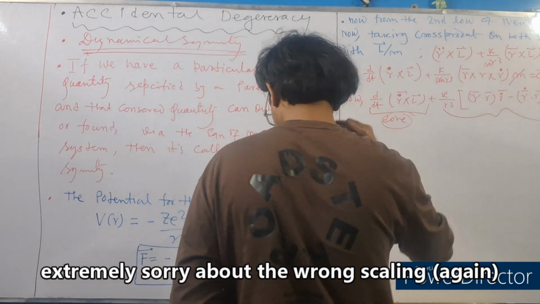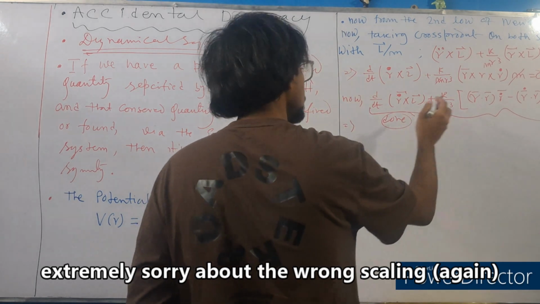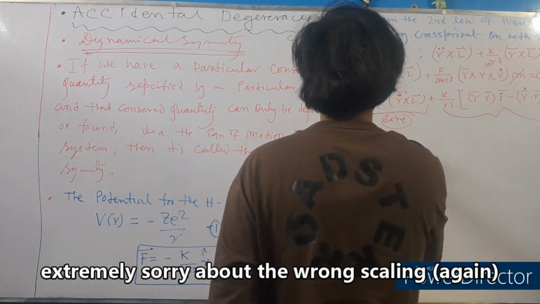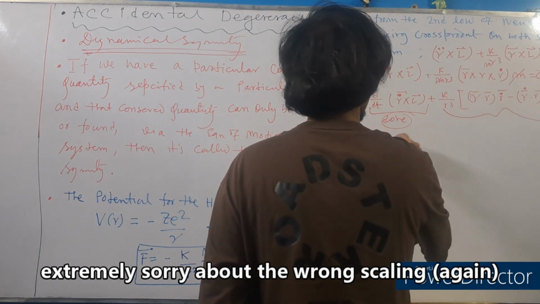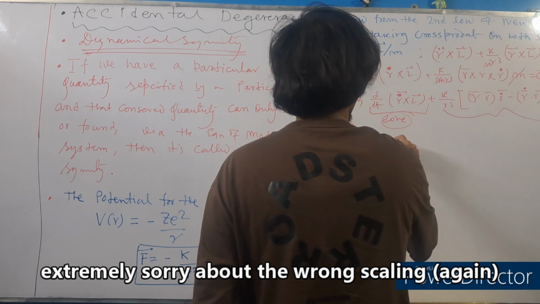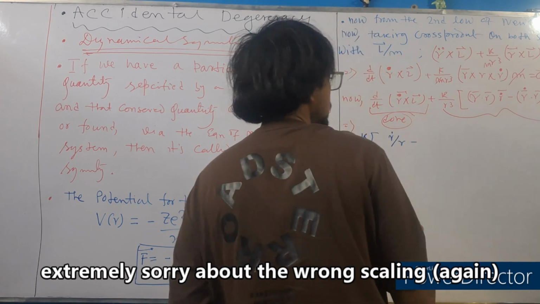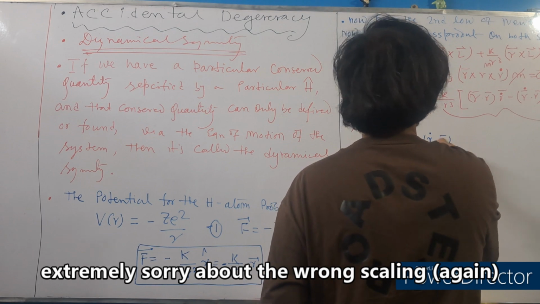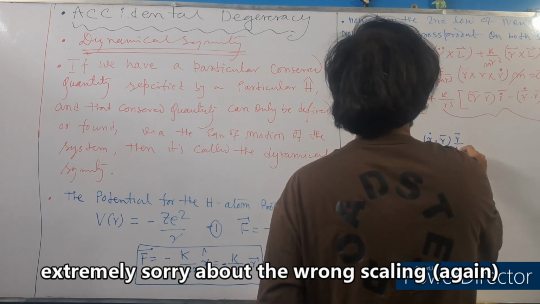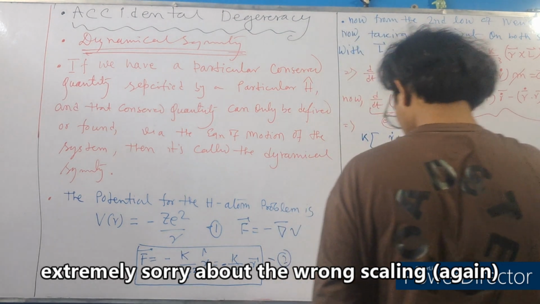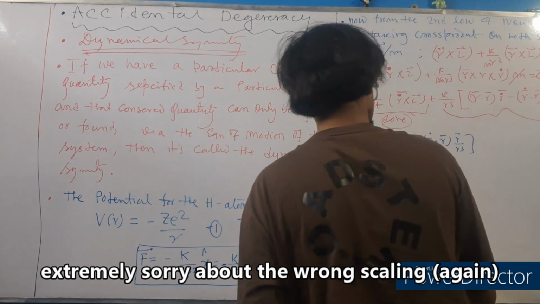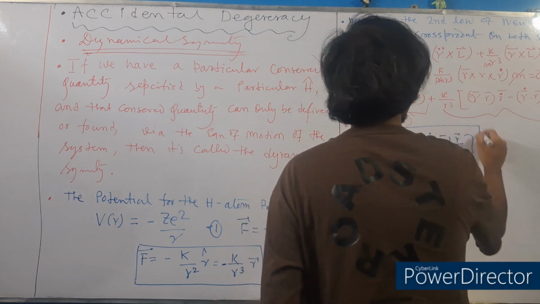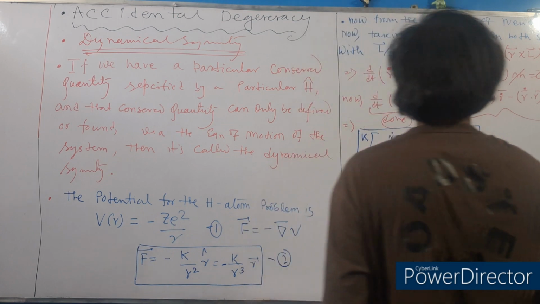Now if we take the 1 by r cube over there, we will get, this is r squared by r cube, so basically r dot by r minus r dot r with the r by r cube. This is where we want to reach.